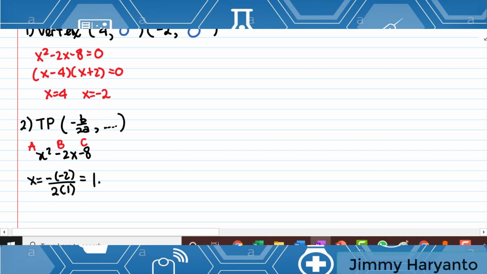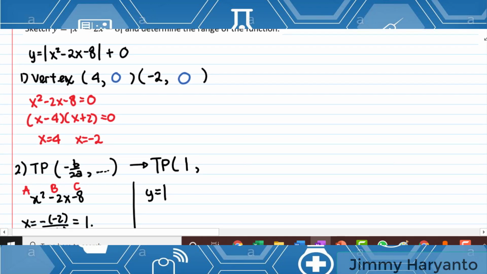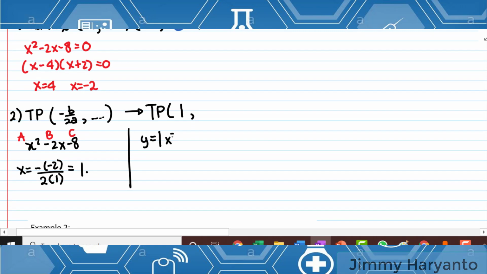The x is 1, so the turning point will be at x equals 1. For the y, we have to put the 1 into the function, the absolute value of x squared minus 2x minus 8.